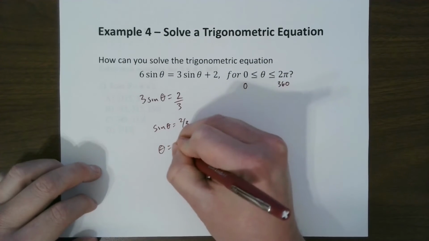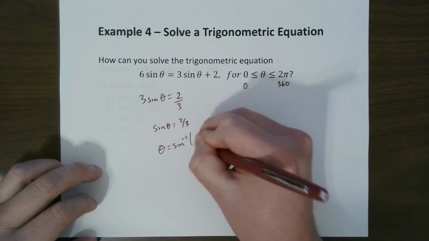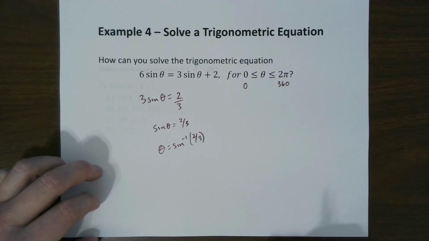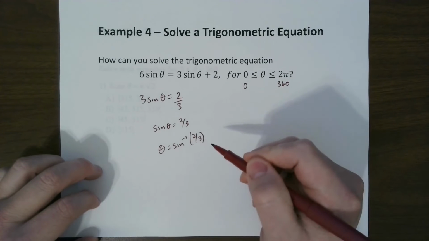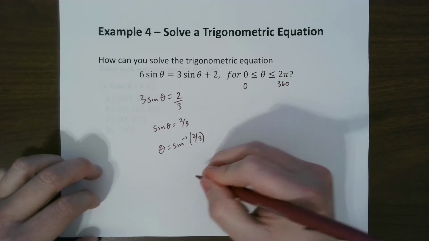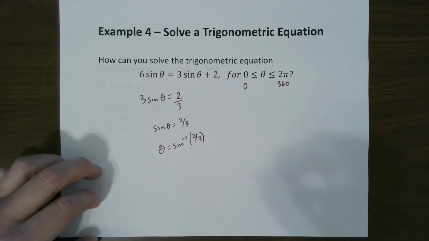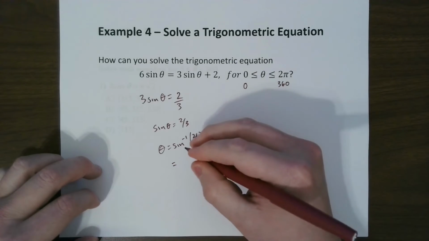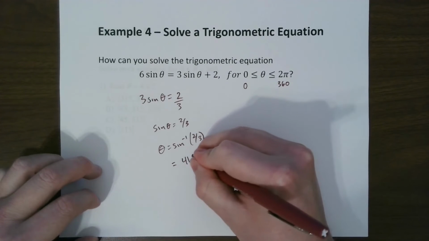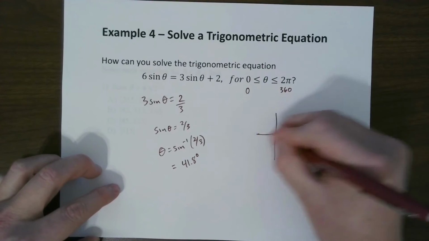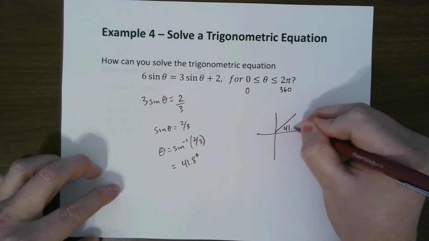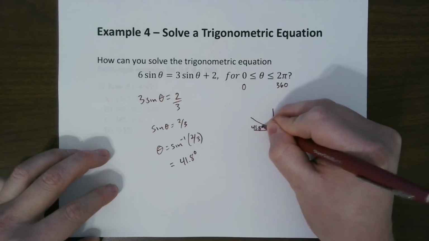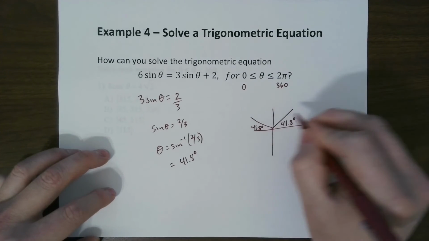Now we do the inverse sine of 2/3. Now we're going to have two answers because sine is positive. So we know we have to deal with quadrant 1 and 2. So the way we do this, real simple, we just plug this into the calculator, we get 41.8 degrees. So we know it's at 41.8 degrees. But we also know it's over here at 41.8 degrees because that's when sine is positive.